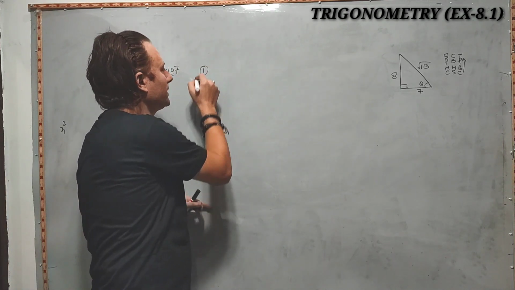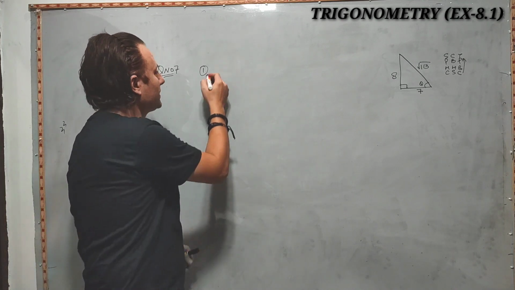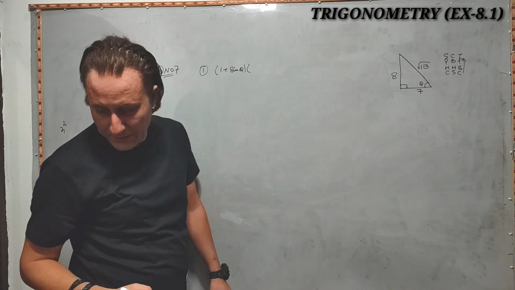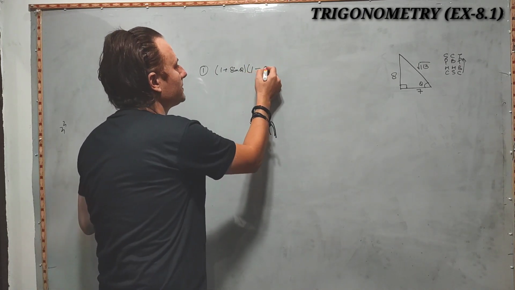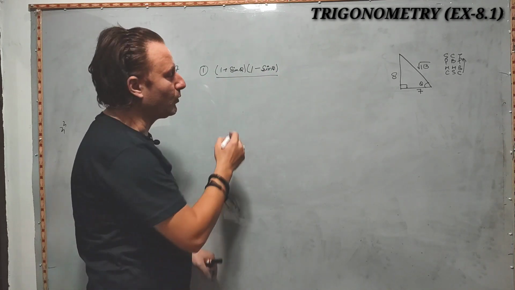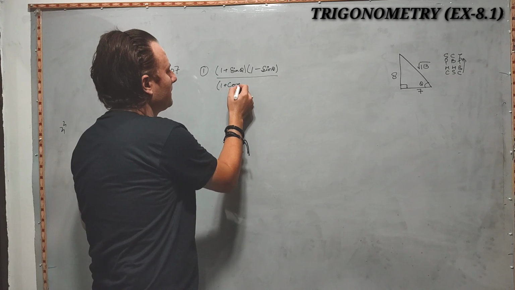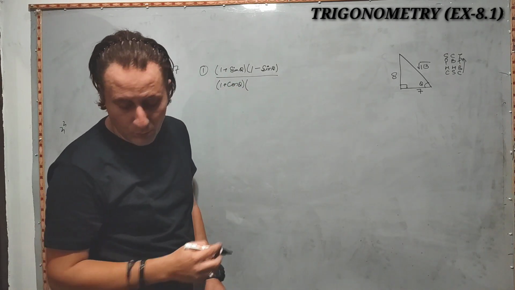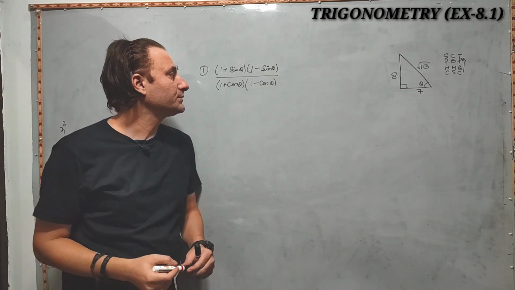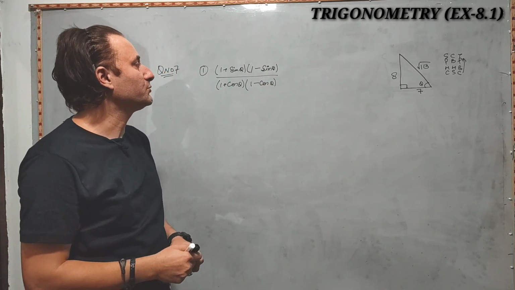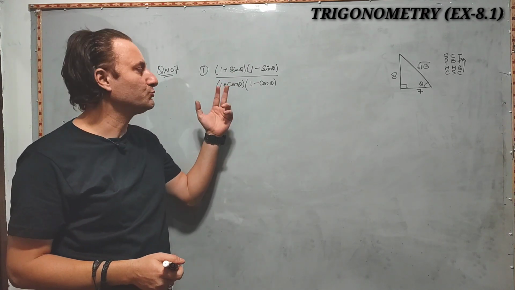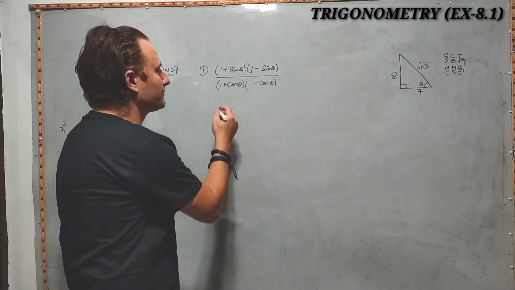The first part says (1 plus sine theta) multiplied by (1 minus sine theta), whole divided by (1 plus cos theta) multiplied by (1 minus cos theta). It's pretty much clear that the first thing we need to do is find the values of sine theta and cos theta. Once we have the values, we can put those values here. So let's try and find the values.